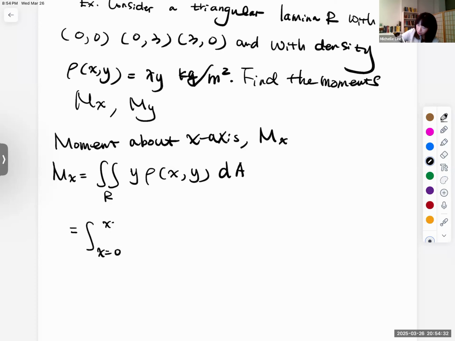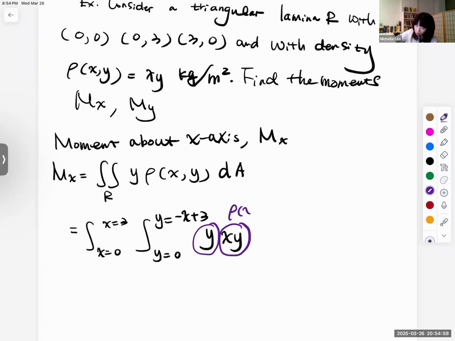x equal to 0 to 3, y equal to 0 to negative x plus 3. And then we have y there, and then the density function xy. Let me write it down for you. So this is y, and this is rho, the density function, dy dx.